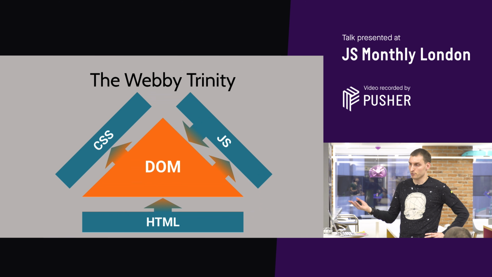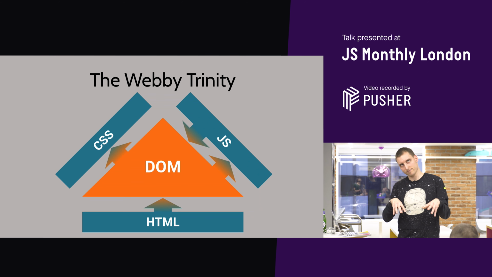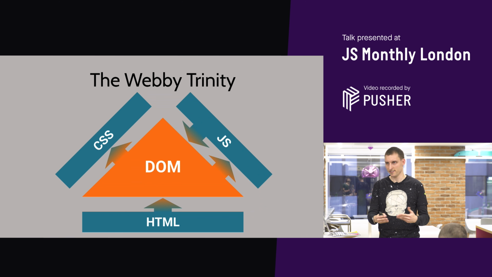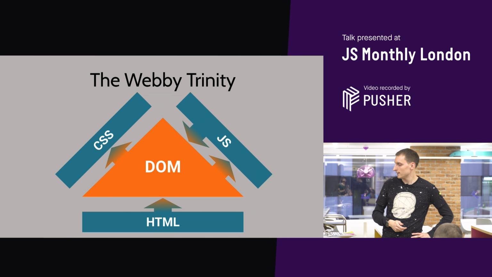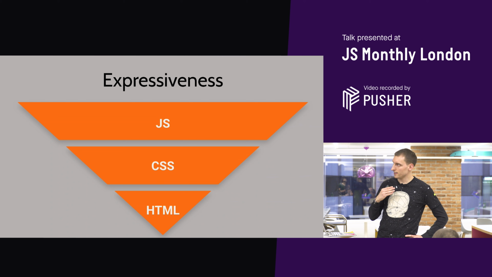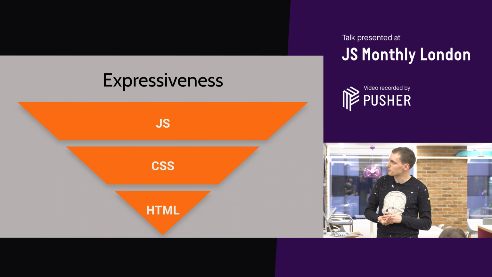And then if you have JavaScript, you can read and write the DOM and manipulate it over time. And in this model, I would say CSS doesn't really affect the DOM itself, but it kind of reads from it in the sense that it's selecting things and applying styles. So we kind of need all of these. And if we look at their sort of expressive power, it's fair to say I think that JavaScript has the most power in that sense, right?